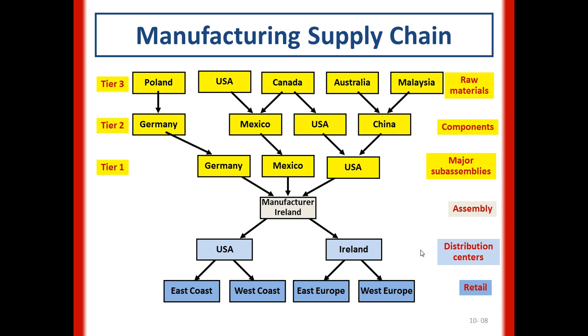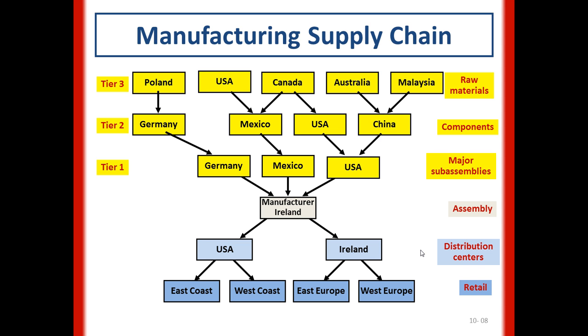A typical manufacturer spends more than 60% of its total income from sales on purchased services and materials, whereas a typical service provider spends only 30 to 40% to buy services and materials. Supply chain for manufacturing is more complex. It may have many tiers of suppliers.